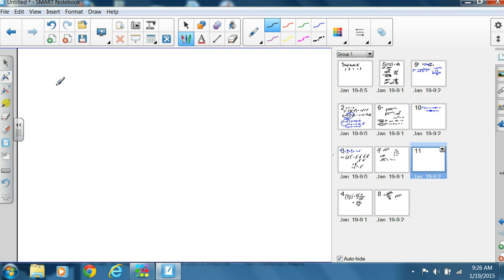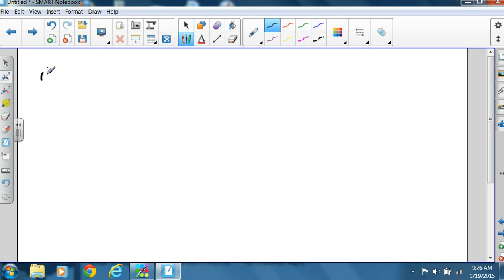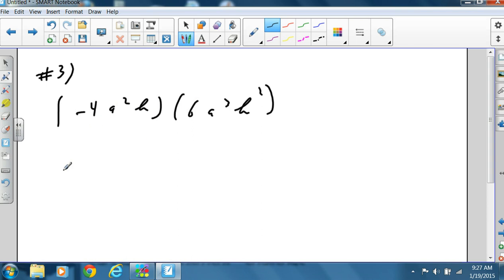Okay, now I'm on the right page, number 34. Number 3. All right, well, 4, a squared b. These are almost the same, like 6a cubed b squared minus 24, a to the 5th, b to the 3rd. All right, so that was okay. Number 16.